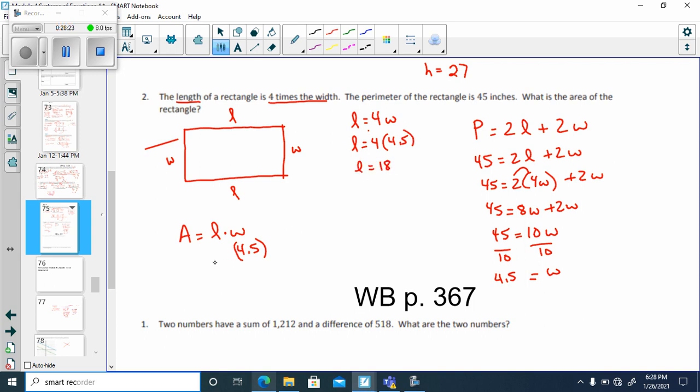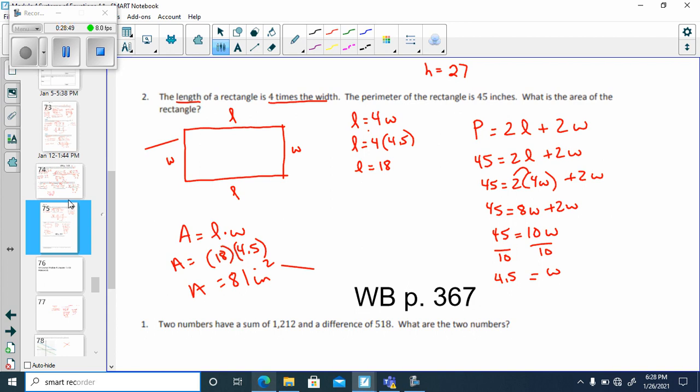So let's substitute 18 in here. Area is equal to 18 times 4.5. Let's multiply. 18 times 4.5. And you get 81. So your area is equal to 81, and this was in inches, so that would be square inches.